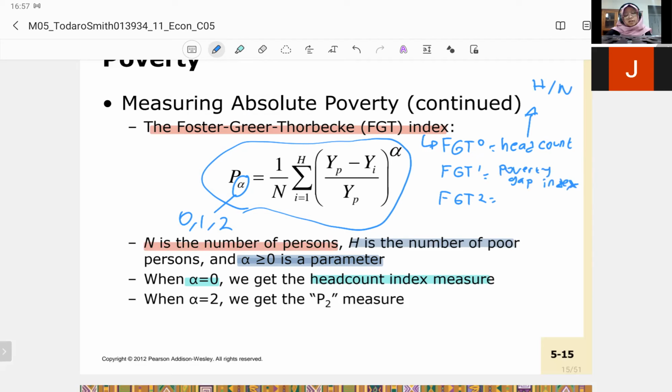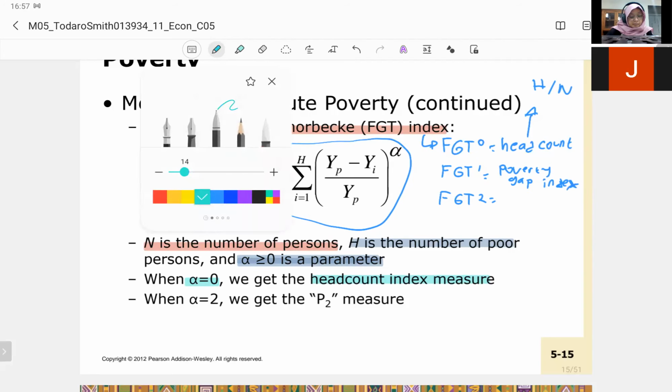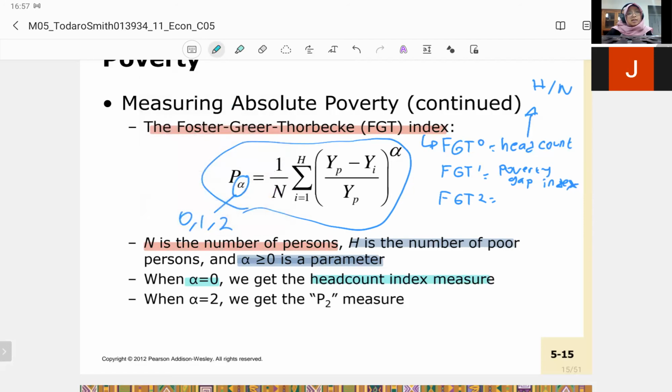So usually we only use these two measurements. Either you do the headcount index or the FGT0, or the poverty gap index or the FGT1.